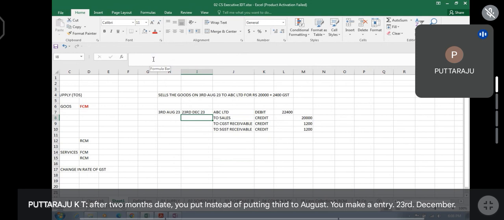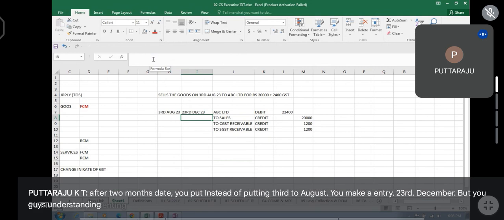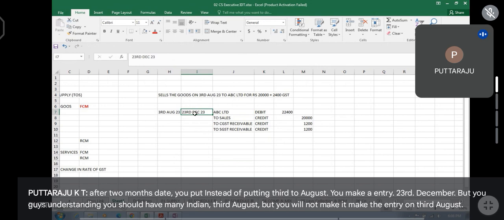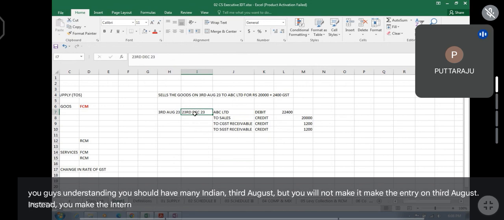Are you guys understanding? You should have made an entry on 3rd August, but you will not make the entry on 3rd August. Instead, you make the entry on 23rd December, stating that you made a sale to ABC Limited.